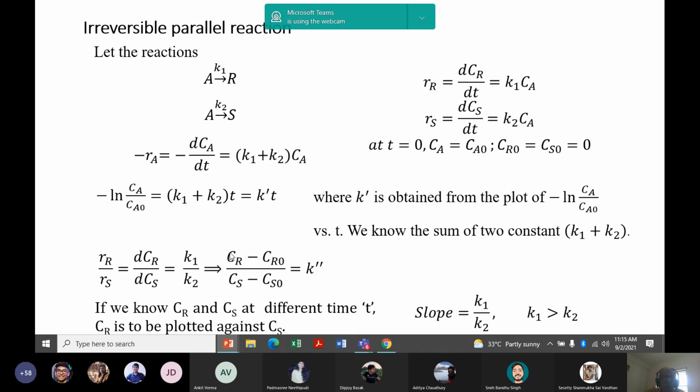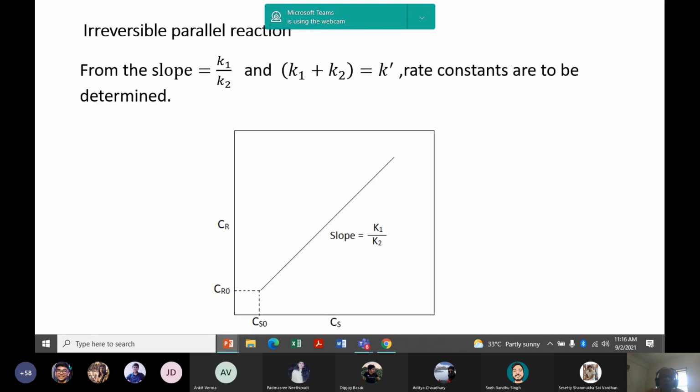So if we plot one of the products as a function of the other product, Cr as a function of Cs or Cs as a function of Cr, from there you can find out the slope K1 by K2. See the plot. If Cr is plotted against Cs, then the slope will be equal to K1 by K2.